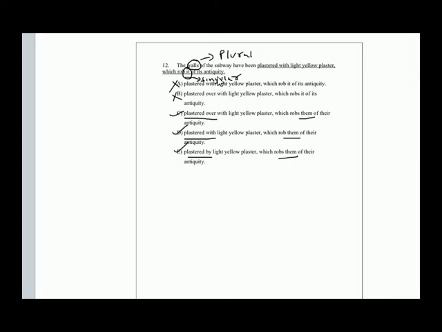Now this is where your experience and knowledge of the English language comes into play. I mean, the correct usage is plastered over. You don't say plaster with or plaster by. So choice C is the correct answer.